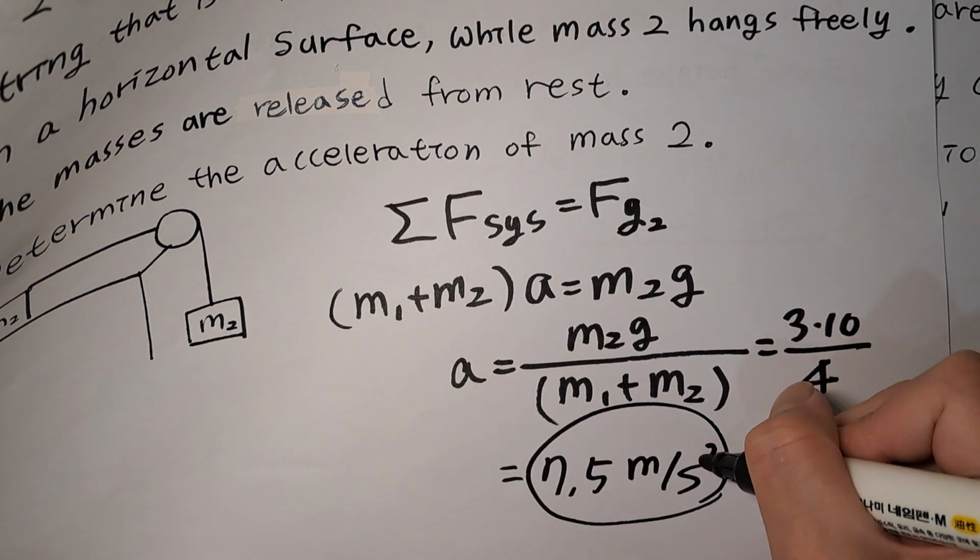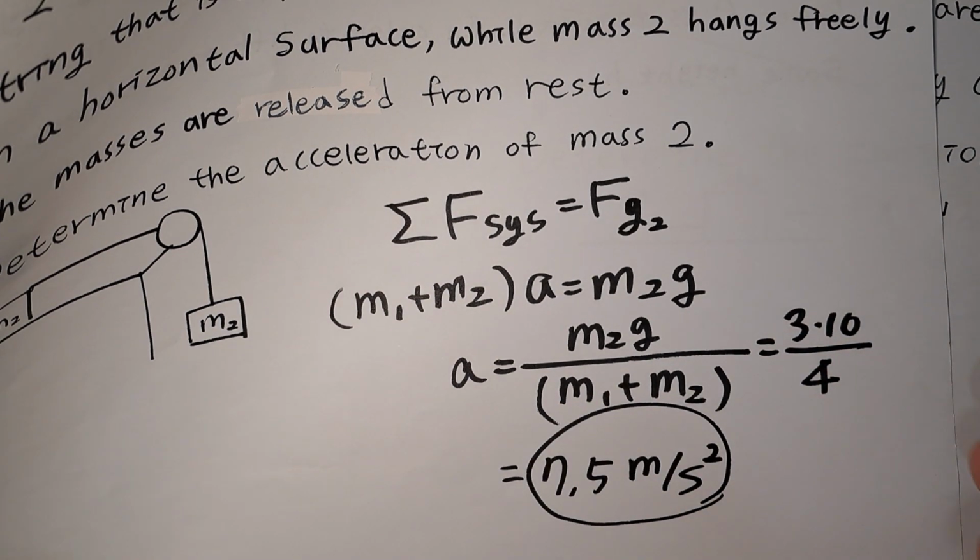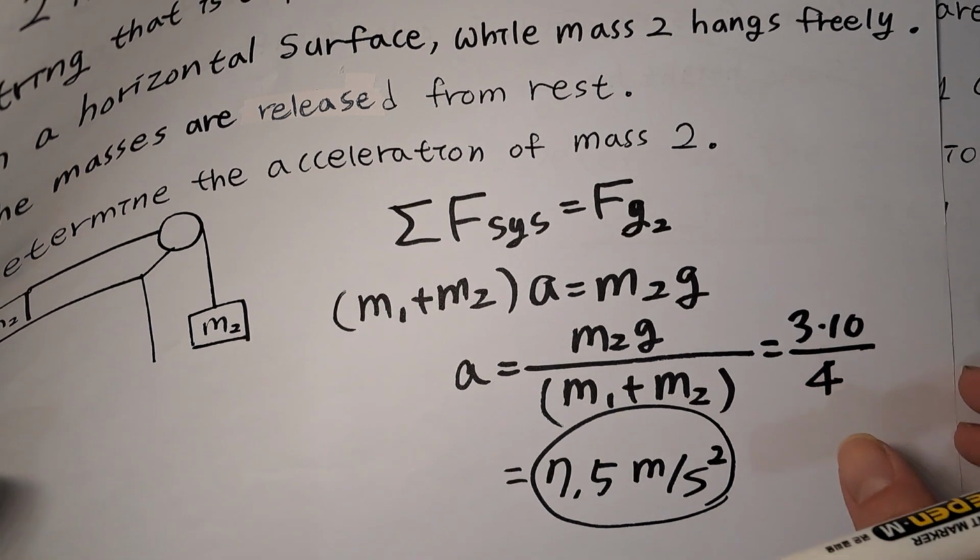So 7.5 meters per second squared is going to be the answer.